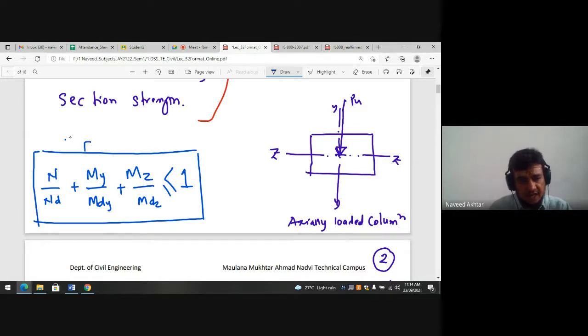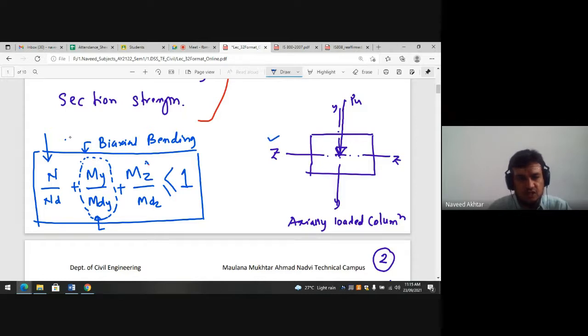This is for the biaxial bending, axially loaded column and biaxial bending. This term is for axial load. These are about the bending about the minor axis and major axis. But in our example, the eccentricity is in only one direction, so Mz about the major axis only.